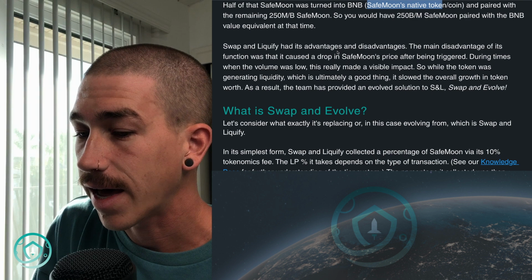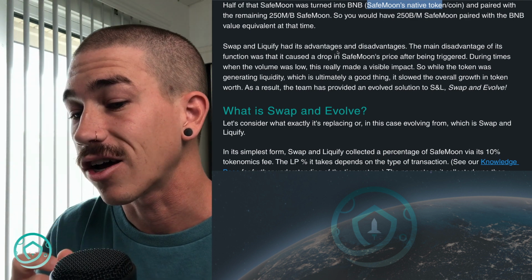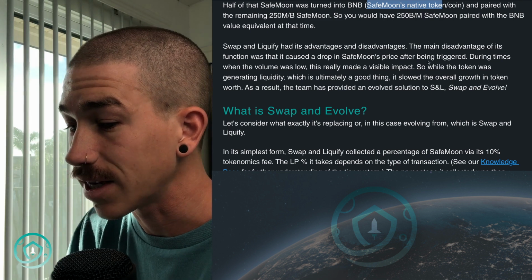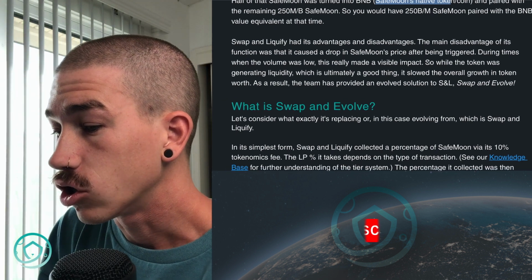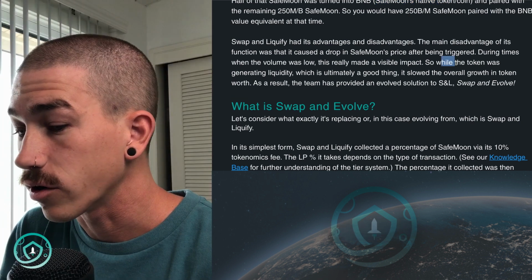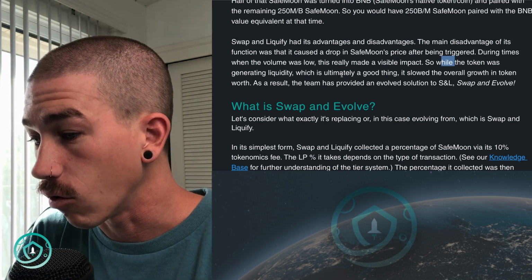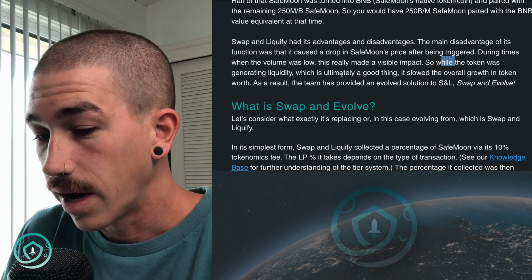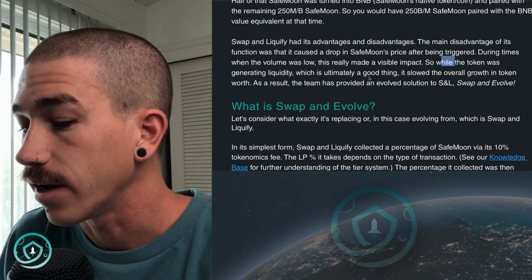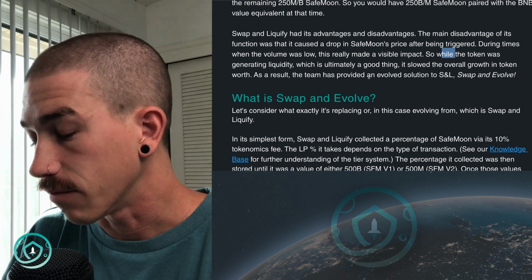Swap and liquefy had its advantages and disadvantages. The main disadvantage of its function was that it caused a drop in Safemoon's price after being triggered. During times when the volume was low, this really made a visible impact. So while the token was generating liquidity, which is ultimately a good thing, it slowed the overall growth in token worth. As a result, the team has provided an evolve solution to swap and liquefy, swap and evolve.